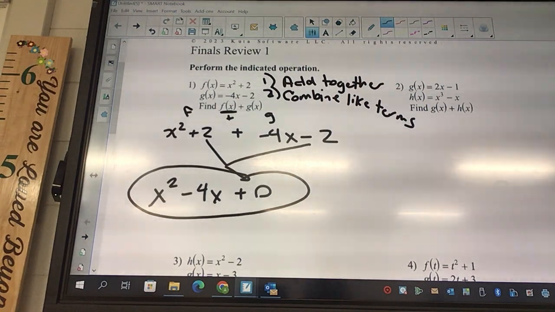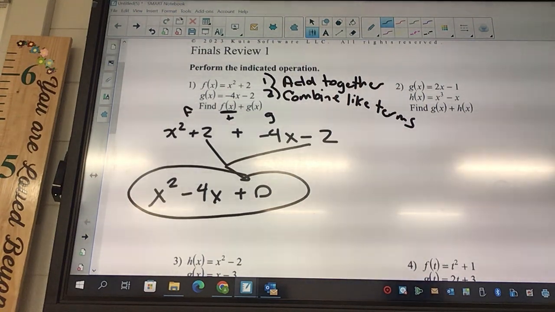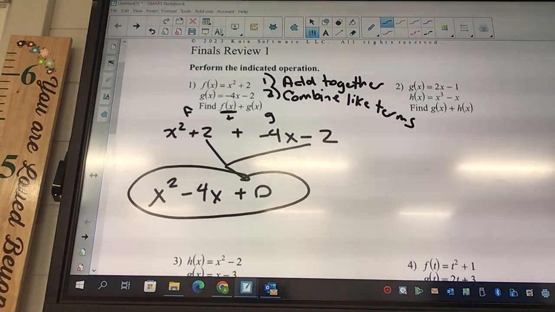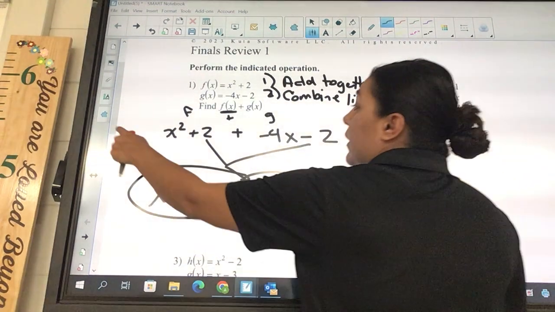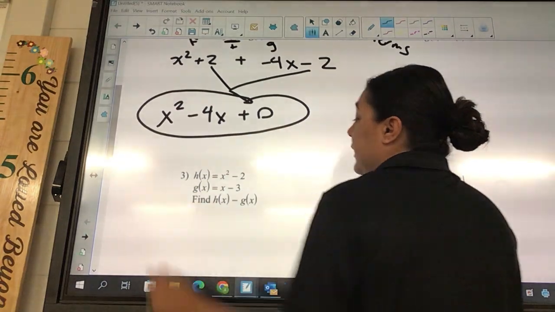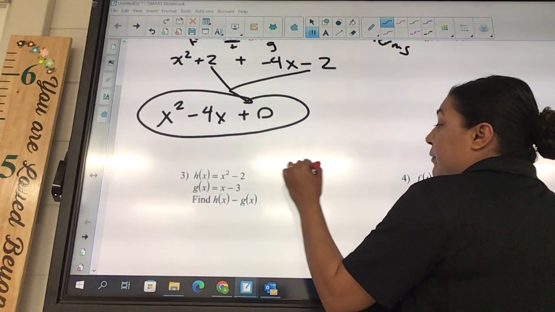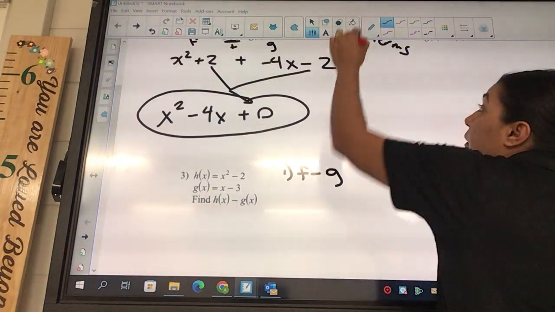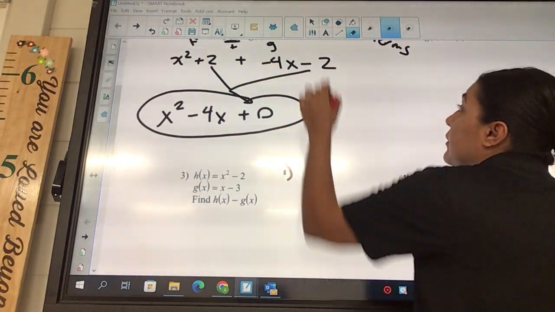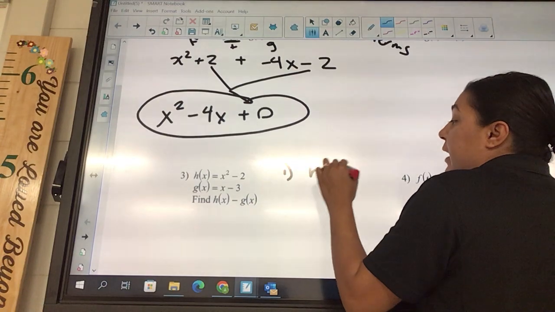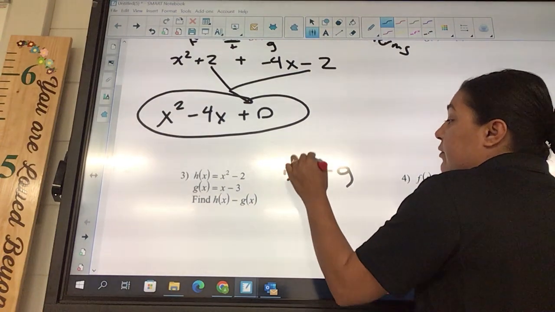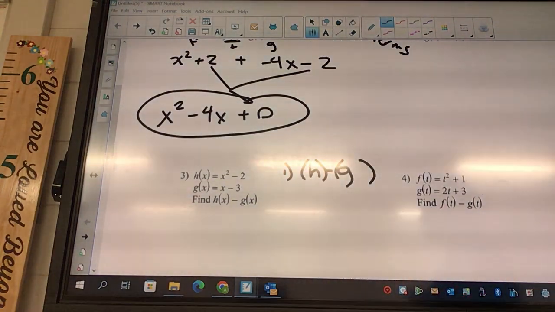Okay, what's the difference on the next one? It's subtraction. Okay, so again, we're going to say h minus g, and you need to use parentheses.